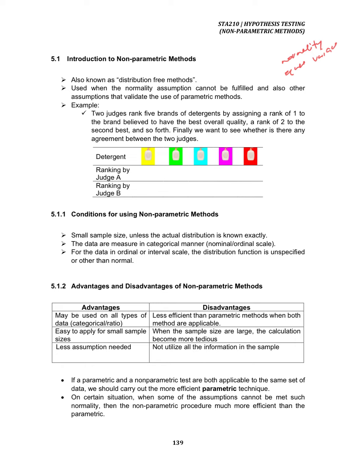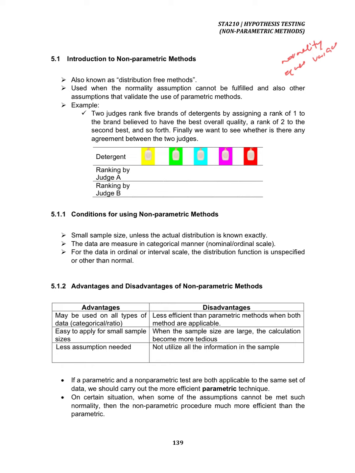That is the requirement for the parametric method. But when the assumptions regarding normality and equivariance cannot be fulfilled, then we have another option to conduct the hypothesis testing by using the non-parametric method.